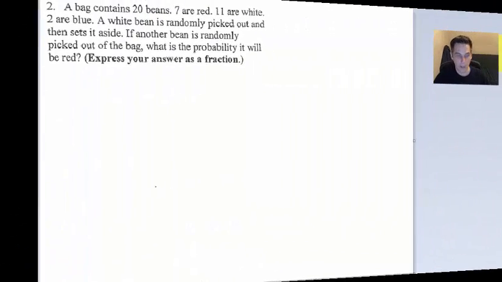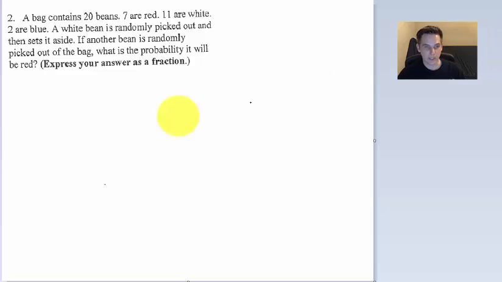All right, next problem. A bag contains 20 beans, so let's go ahead and record that. All right, so 20 at the bottom, because there's 20 total. 7 are red, 11 are white, and 2 are blue. A white bean is randomly picked out and then set aside.